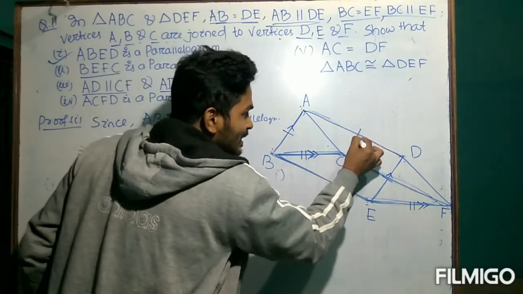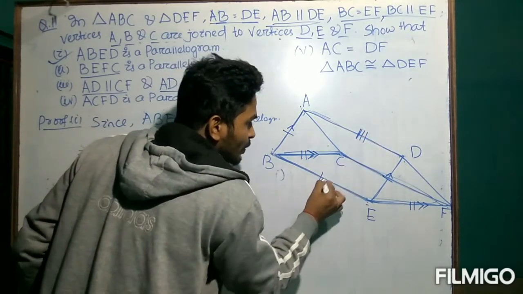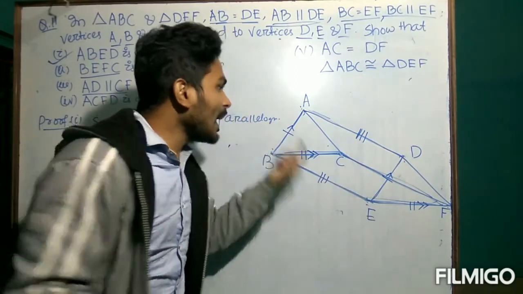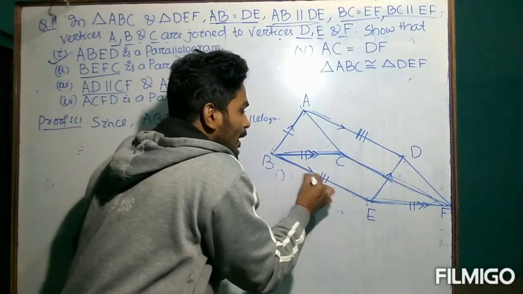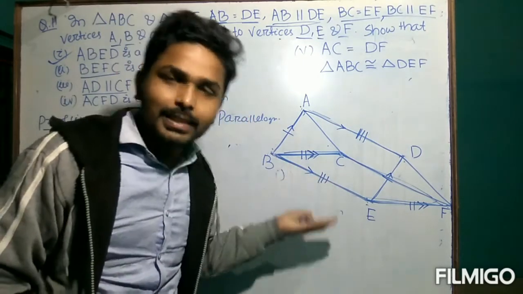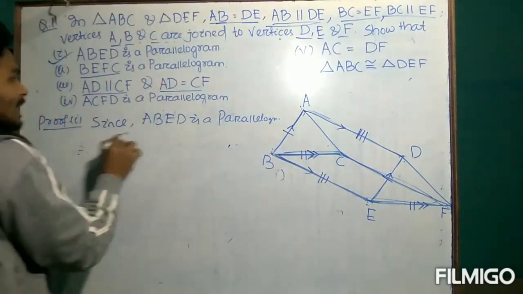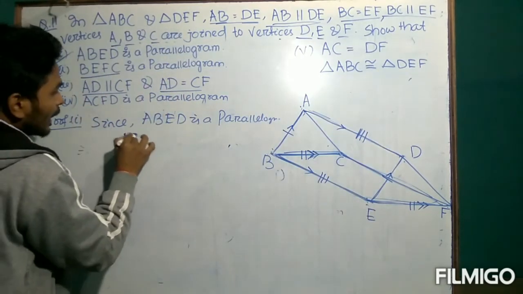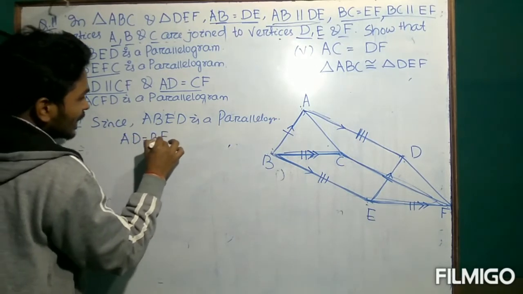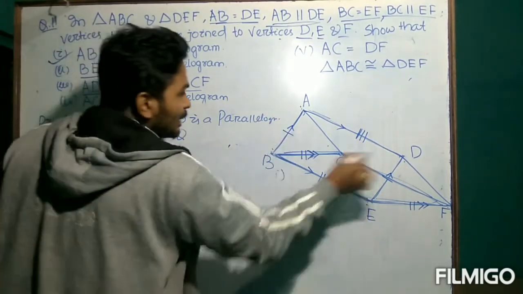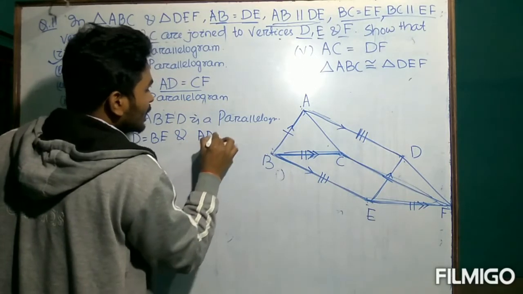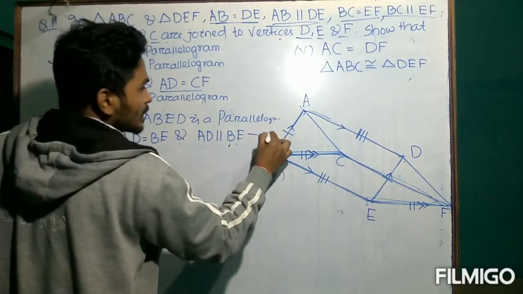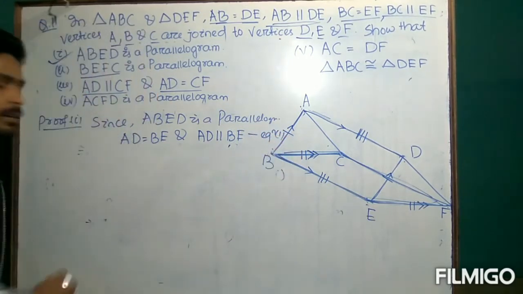So this side must be equal to this side, yes or no? Yes, because ABED is a parallelogram. And this side must also be parallel to this side. So we can write, since ABED is a parallelogram, AD is equal to BE, and AD is parallel to BE. Clear? Let's say this is our equation number 1.